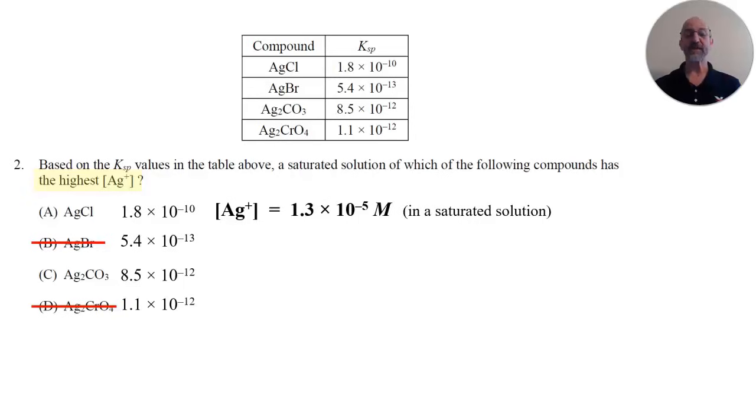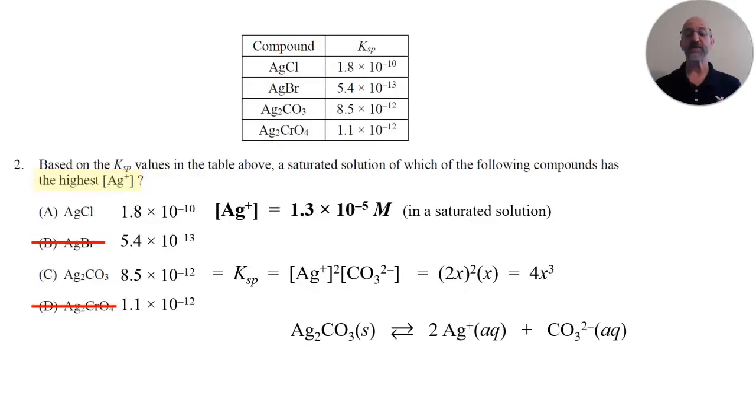Now, moving on to choice C, again, we have a 2-to-1 ratio. So it's not going to be X times X, or X squared. It's actually 2X quantity squared times X, and that's 4X cubed. Now, if you're looking at that setup for the calculation and you're wondering why the concentration of silver is written as 2X, it's because of the stoichiometry from the balanced chemical equation.